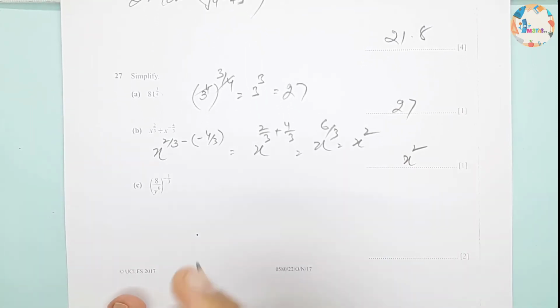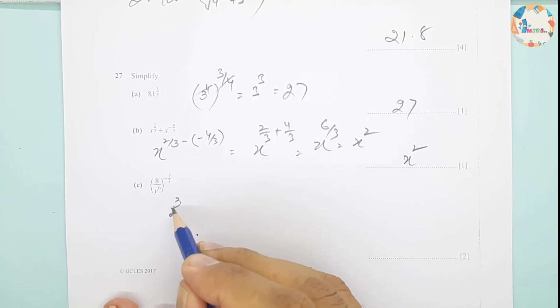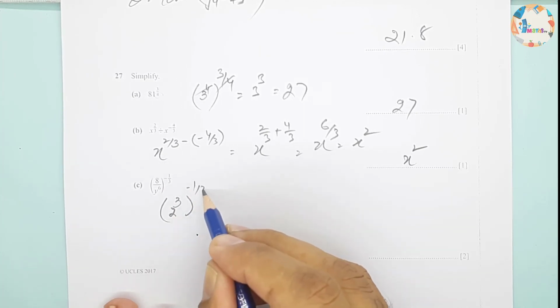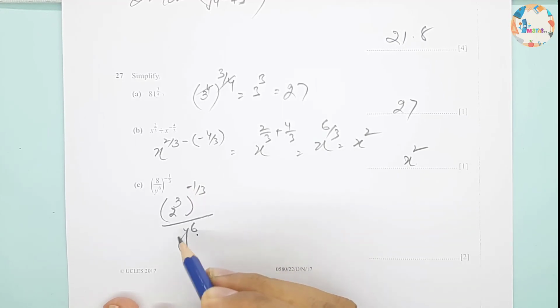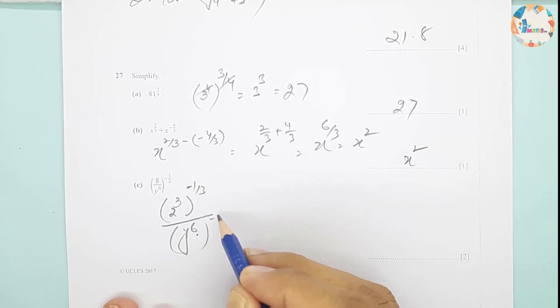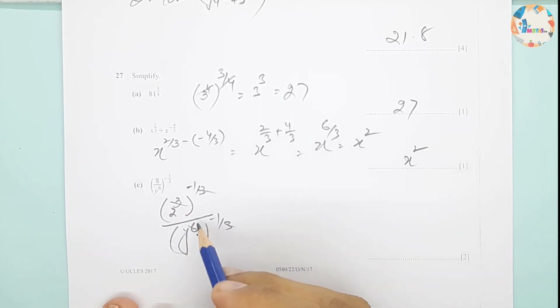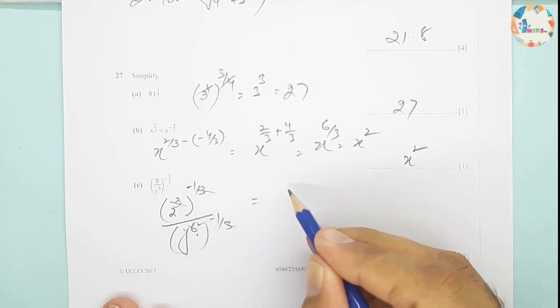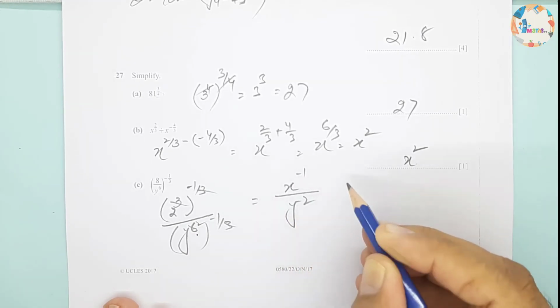Now C part, we can write 8 as 2 raised to the power 3 whole raised to the power minus 1 by 3, and over y raised to the power 6 whole raised to the power minus 1 by 3. So this 3 will be cancelled with this, and this 3 will be cancelled with this, and we will get 2 here. So this will be 2 raised to the power minus 1 over y raised to the power minus 2.